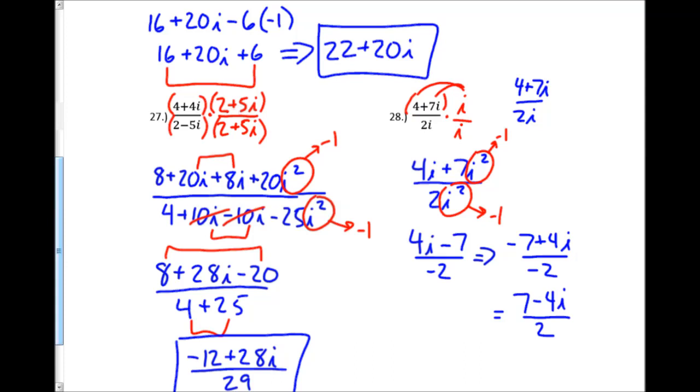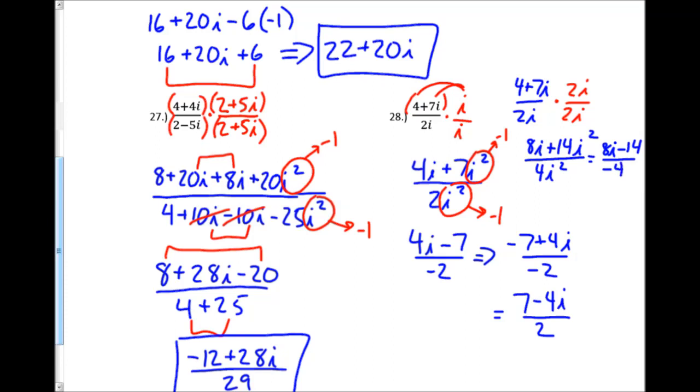You'll just have a little bit of an extra step in here if you multiply by 2i over 2i. That's fine. That will give you an 8i plus 14i squared all over 4i squared. And then through the simplifying process, you're still going to get to the same thing, 8i minus 14 over a negative 4.